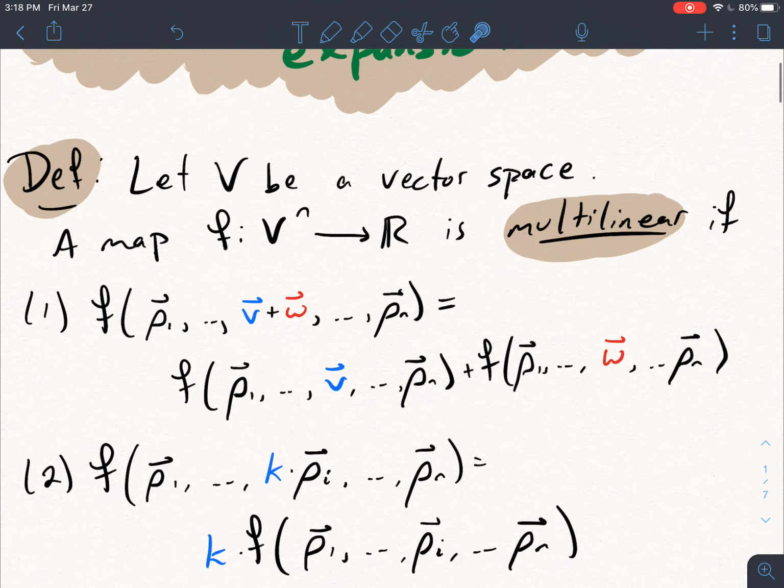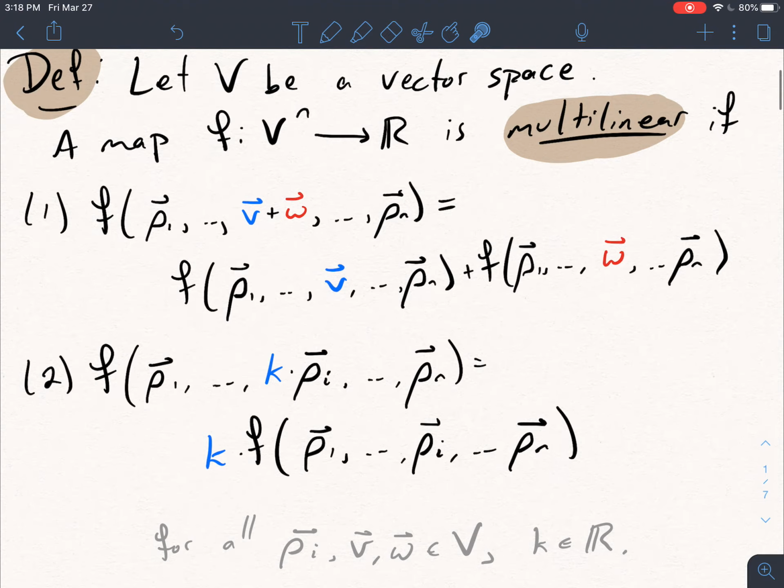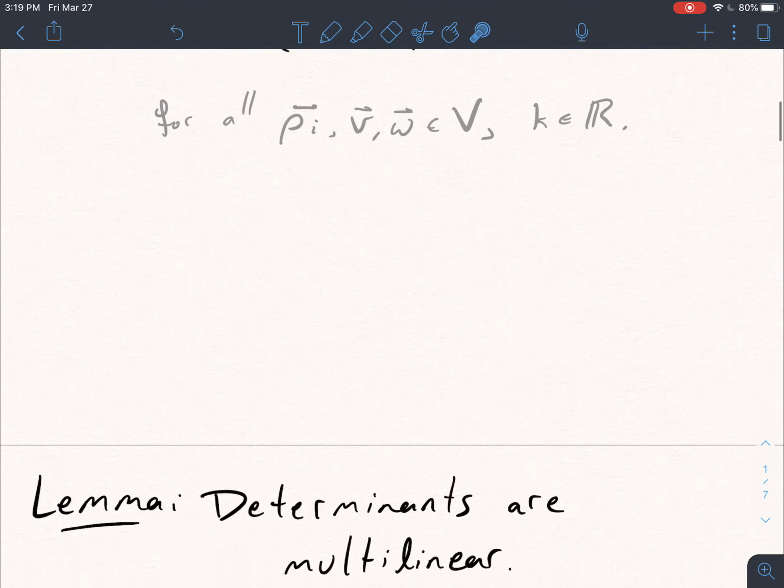The other property is that linear maps say f of k times a vector is equal to k times f of the vector, but multilinear says the same thing should be true only in one of the components, with all the other components fixed. This is for all row i, for all v, for all w in your vector space V, which we're thinking of as rows, and for all scalars k in R. So this is our definition of multilinear.